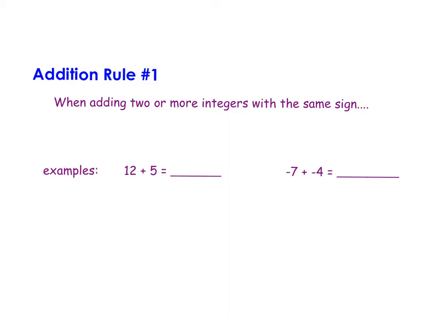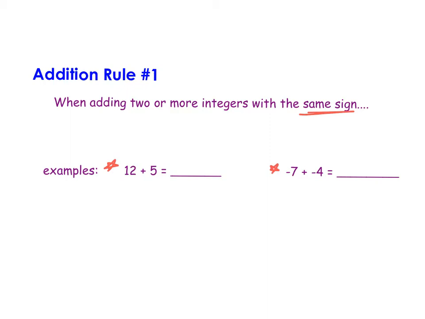So here you'll see addition rule number 1. It says when adding 2 or more integers with the same sign. So what that means is that the 2 integers you're adding are either both positive, like we see here in this first example, or both negative, like you see here in the second example. So we're adding 2 numbers that contain the same sign.